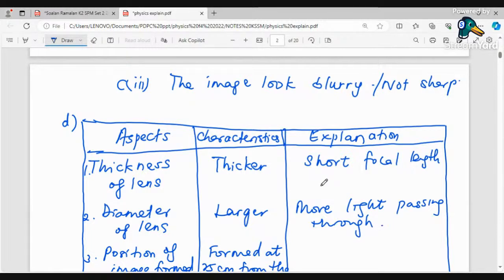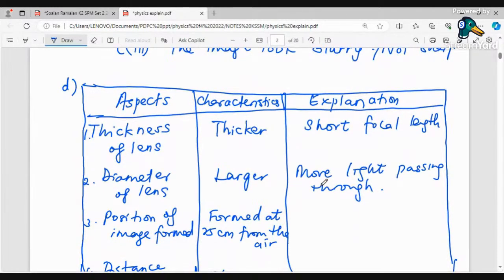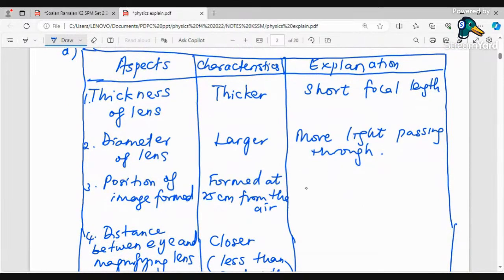Okay, position of image. Okay, kenapa 25 cm?